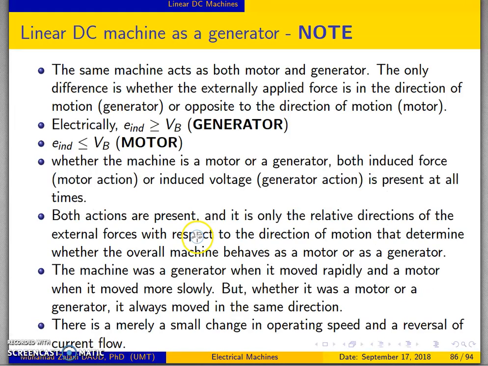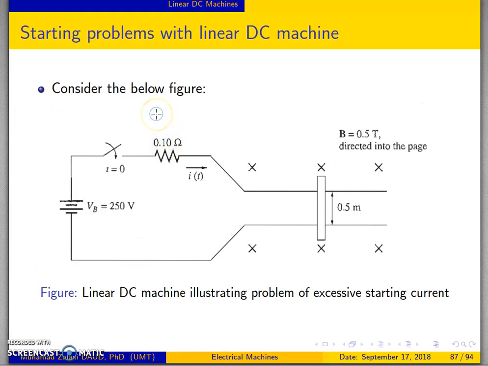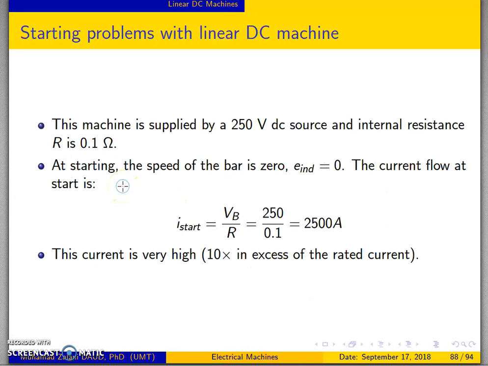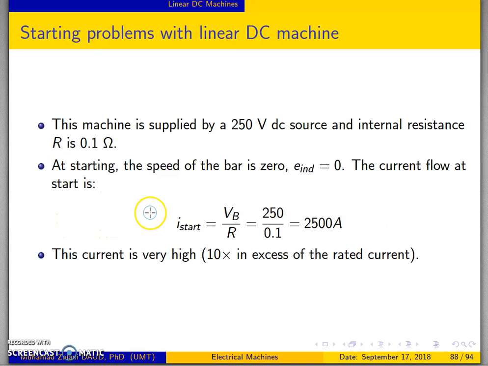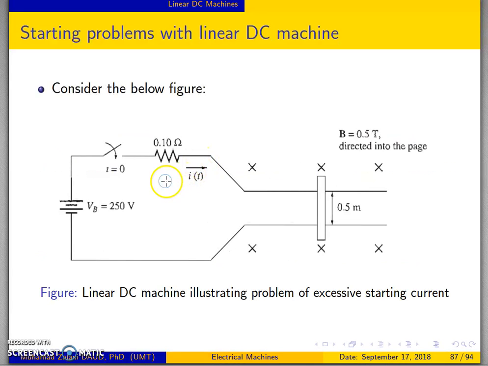Okay. Next I want to go on to the starting problem with the linear DC machine. We consider the circuit with some values of the supply source, resistance, and length of the bar, and the current flowing inside this circuit. This machine is supplied by a 250 volt DC source, and the internal resistance R is 0.1.